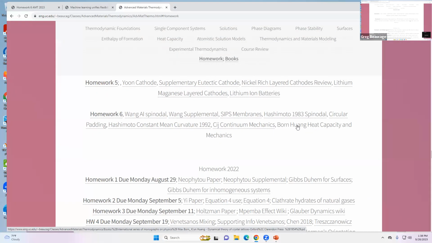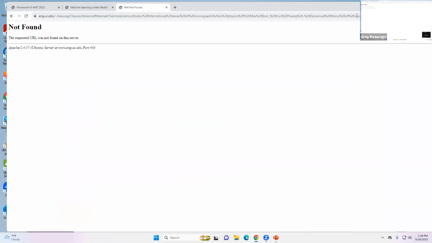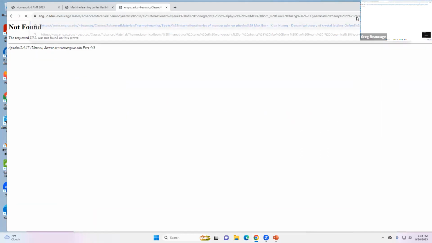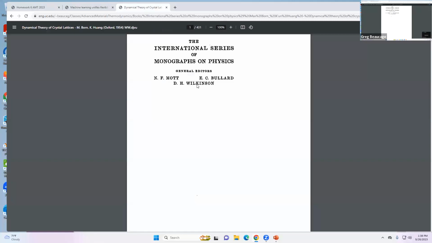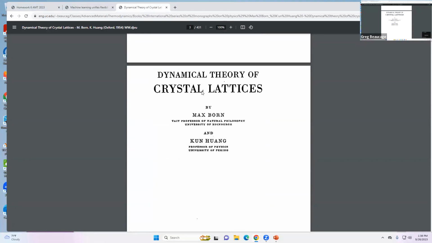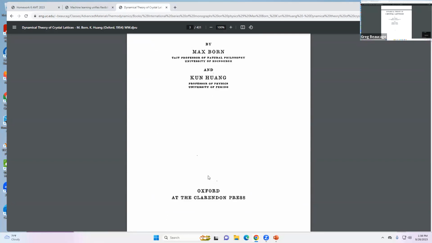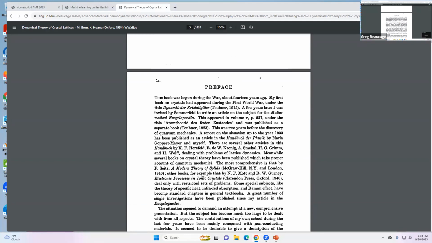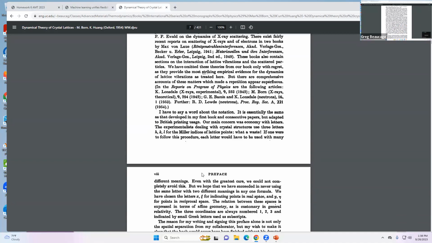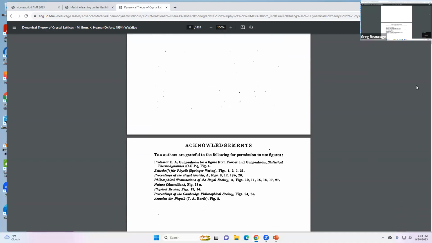Heat capacity and mechanics. So Born is the guy, the Born whatever theory, right? It's an old book. You can see it's from like the 60s maybe. Max Born. I didn't know he was at Edinburgh, but anyway, this book's pretty good.